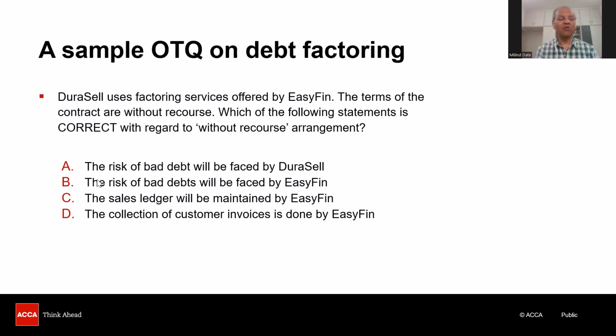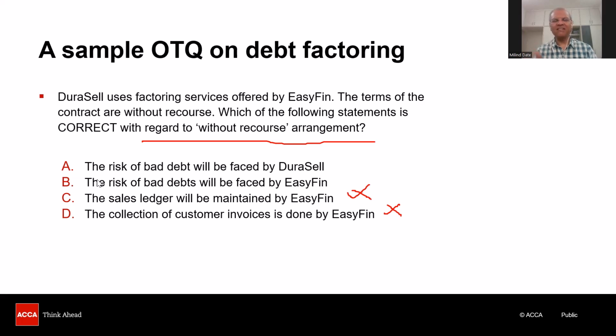Here, what was important is the wording with regard to a without recourse arrangement. So although seemingly these two are correct, they are wrong because they are not related specifically to the without recourse arrangement. But this is how this topic has to be learned very, very carefully.